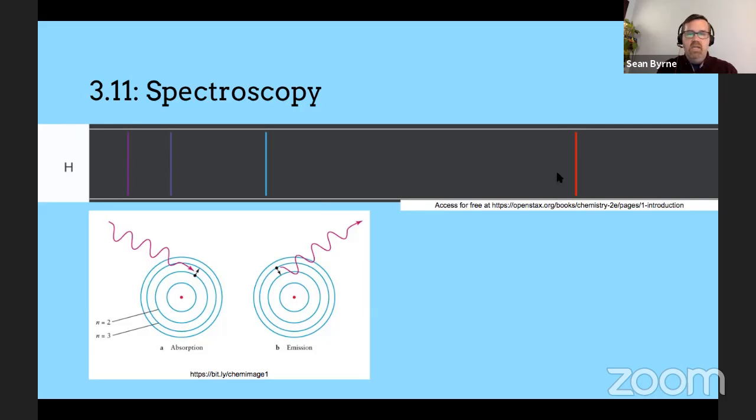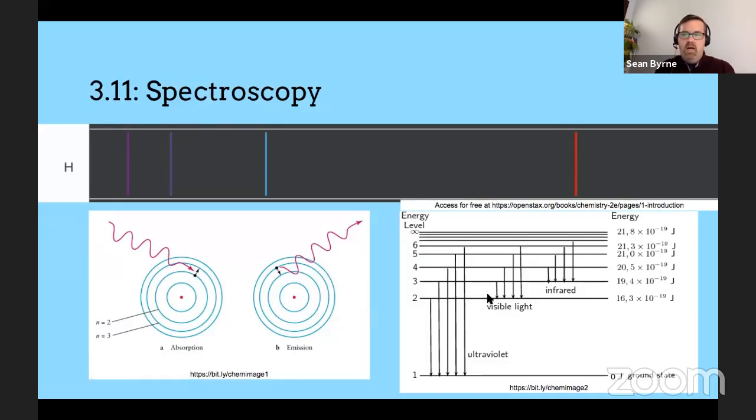It releases, at least within the visible spectrum of energy, only these 4 bands of light, which a lot of experimentation has found correspond to jumping between some very specific energy levels. It turns out that the difference in energy between principal energy level 1 and everything else is such a great amount of energy that it releases ultraviolet light when that electron falls back to the ground state in principal energy level 1.